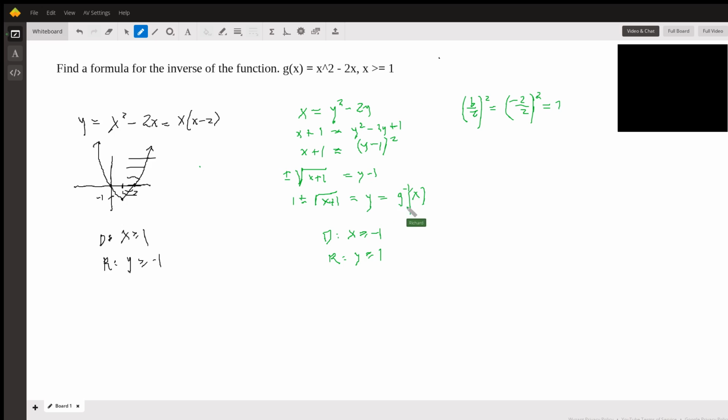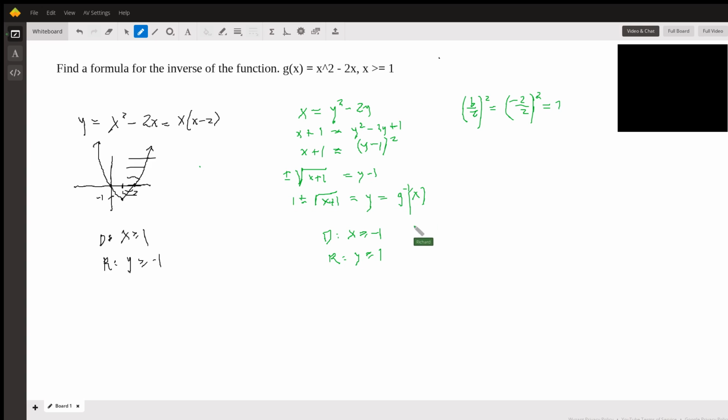So that eliminates the negative square root. Because of these restrictions, we don't have to worry about it. Because the domain is restricted to greater than or equal to 1, this function is going to be a one-to-one function, and so its inverse will also be a one-to-one function.